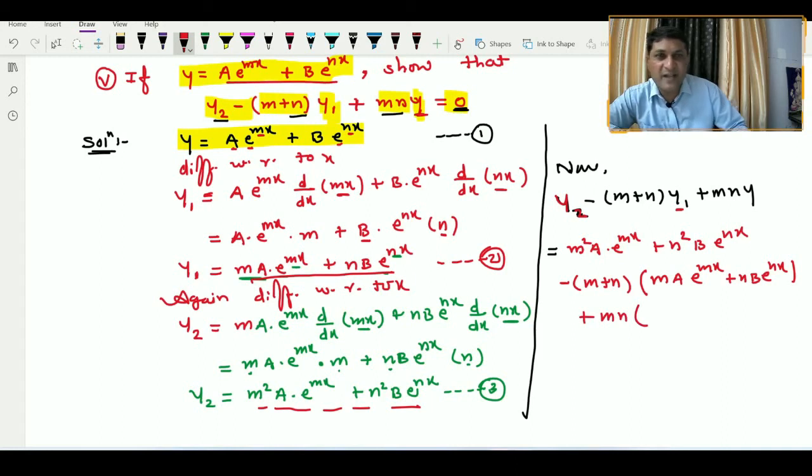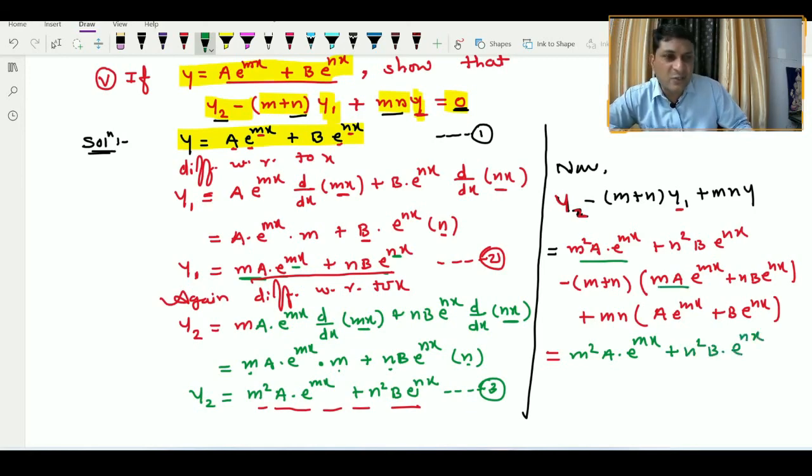The value of y is a e^(mx) plus b e^(nx). So which is equal to, now we are simplifying it. Keep the first term as it is, m square a e^(mx), plus n square b e^(nx) as it is.